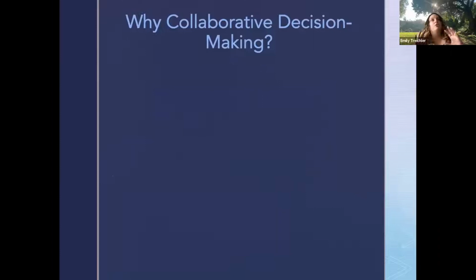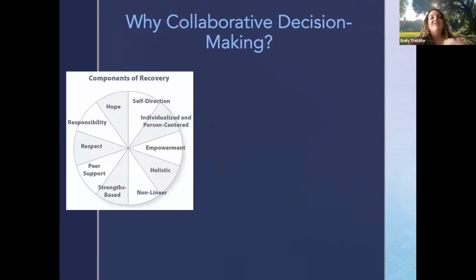Okay, so those are the three key elements of what collaborative decision-making is. Now I want to talk to you about why I think collaborative decision-making is the way to go. The first thing is that it fits with two models that I've really oriented both my research and my clinical practice around. The first is the recovery model, which I imagine many of you are familiar with.